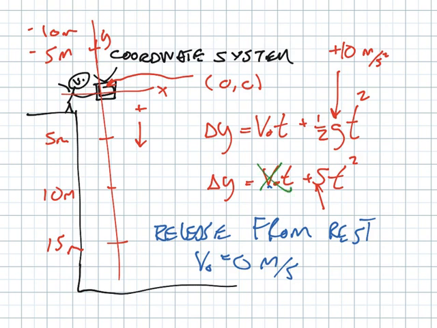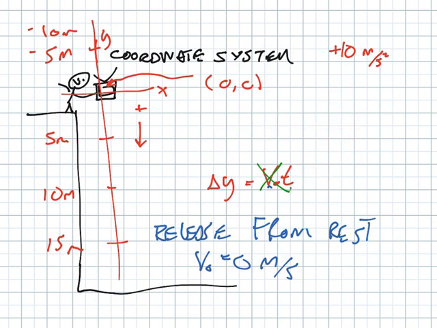That makes the expression even easier to use. The equation basically turns into delta y is equal to 5 times t squared. And that's it. This gives you the position as a function of time. Time is measured in seconds here, and y is in meters.